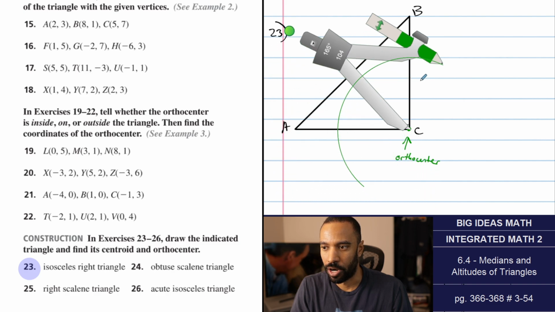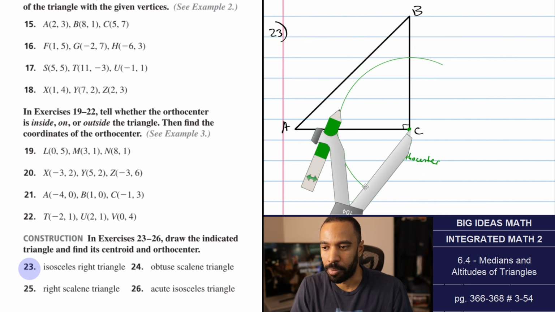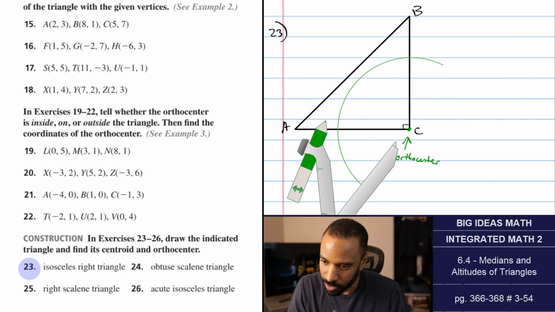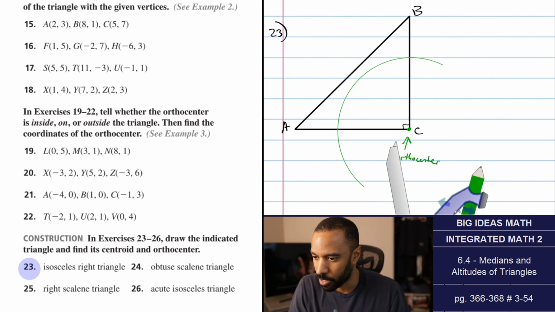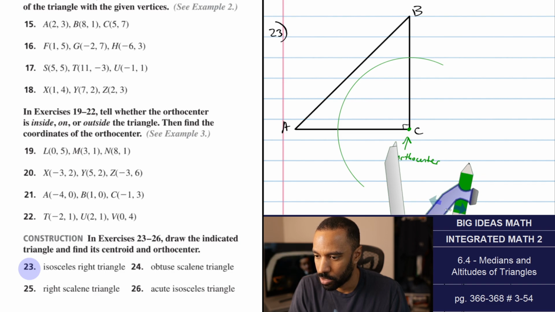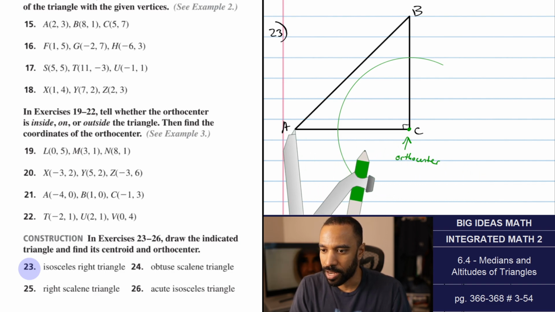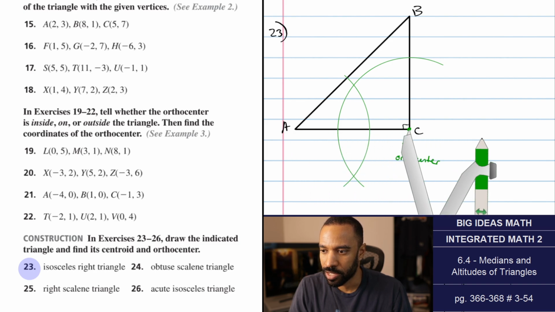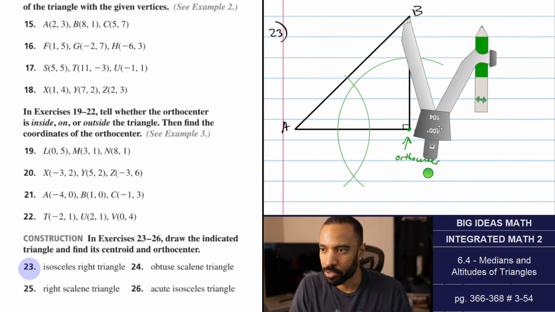I'm going to draw a large one right here because I want it to apply to both segments. That length is 104, so let's flip it on this side, make it 104. Now from A, I'm going to draw another arc and find where those two intersect. Then also with C, on B, I'm going to find where those two points intersect.